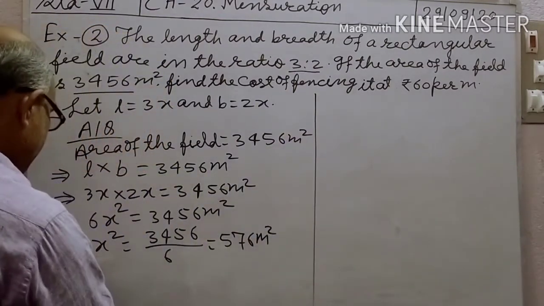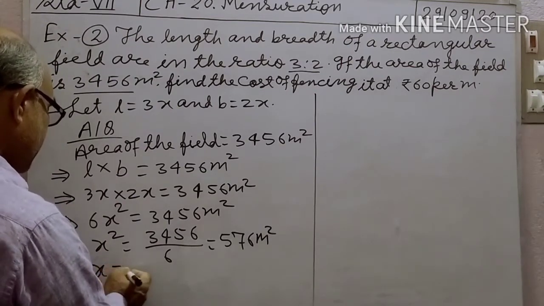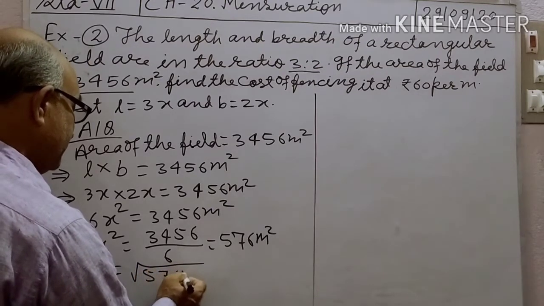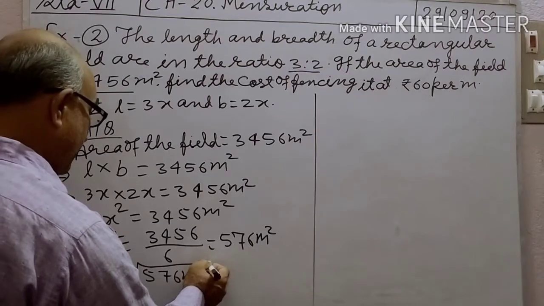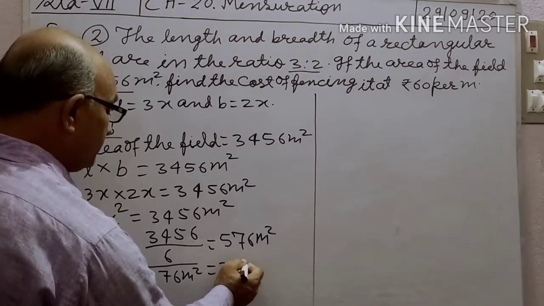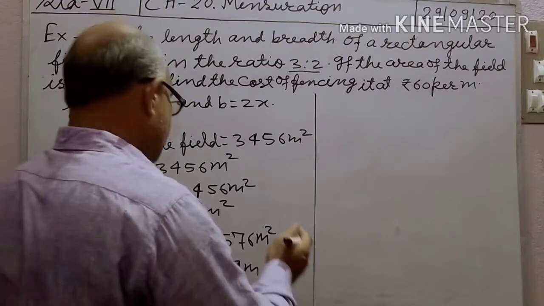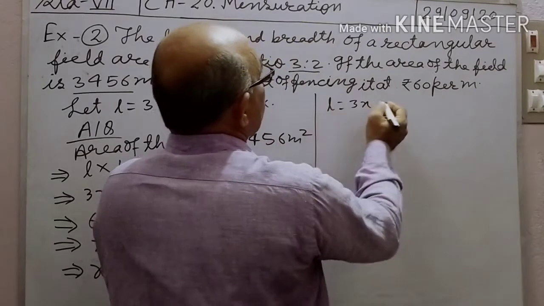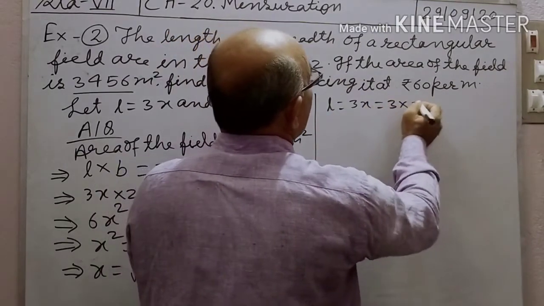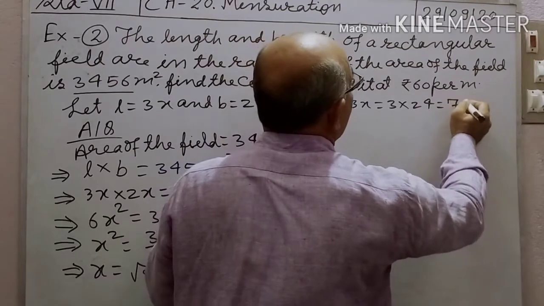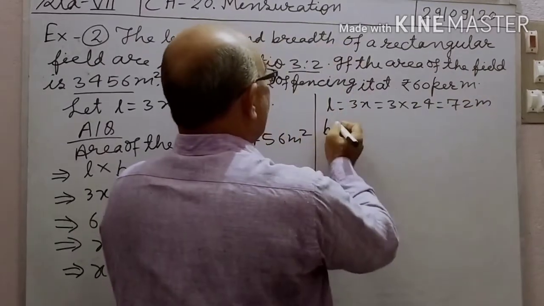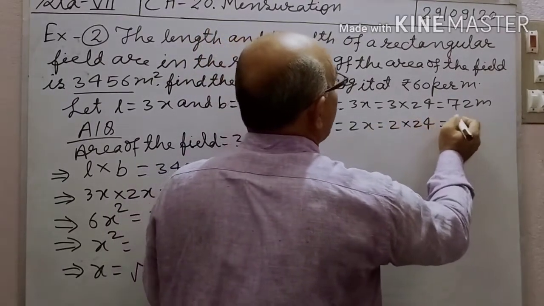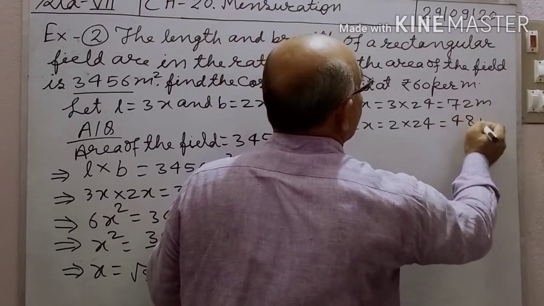Next step is that implies x equal to under root 576 meter square equal to 24 meter. Now find length equal to 3x equal to 3 into 24 equal to 72 meter. Breadth equal to 2x, 2 into 24 equal to 48 meter.